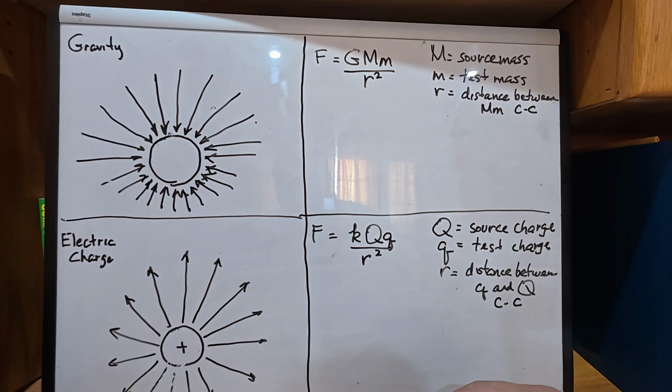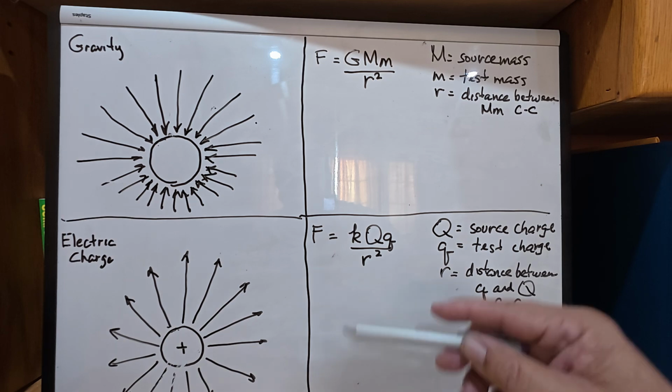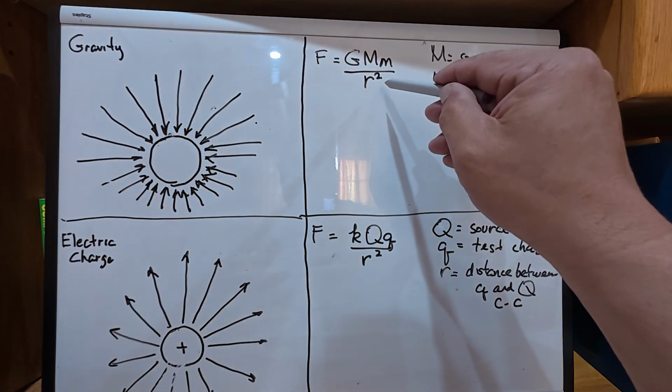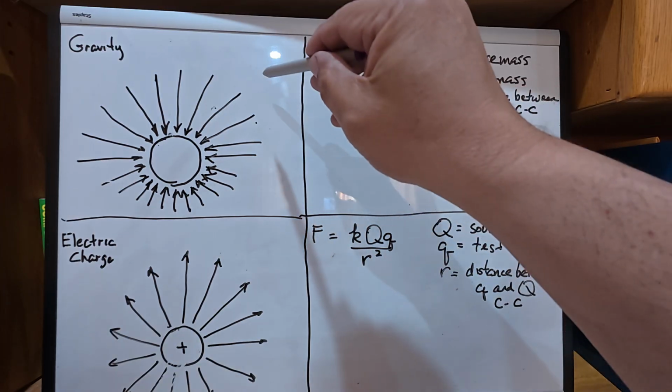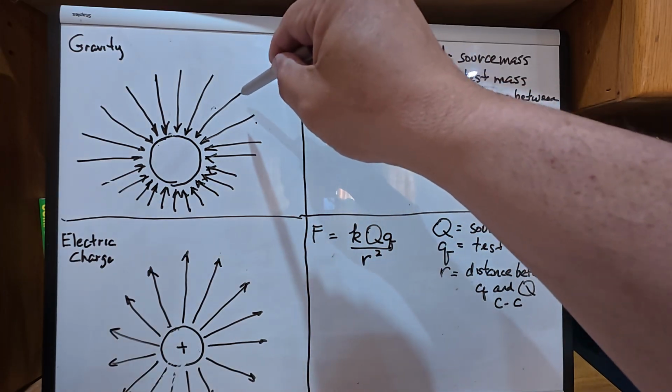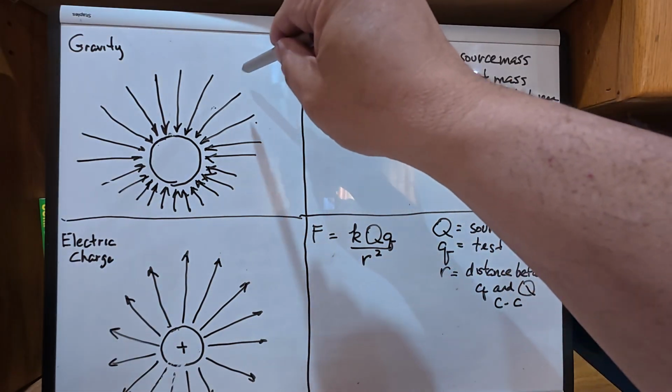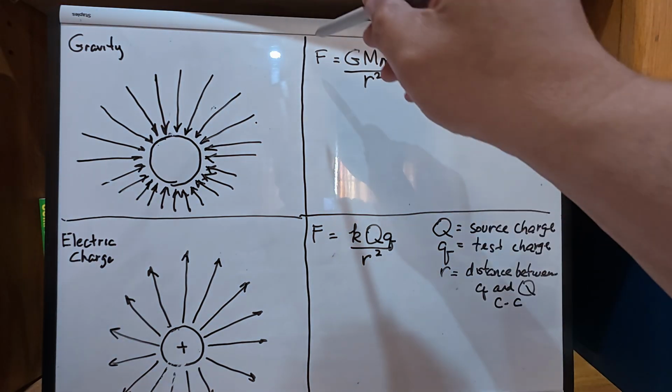So let's look at the first similarity between gravity and electric charge. The first one is the force that the source mass provides to a test mass, if you will, that's located within the gravity field.